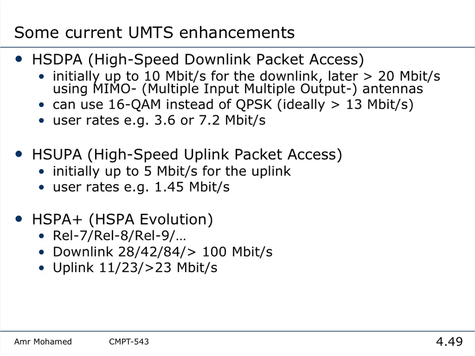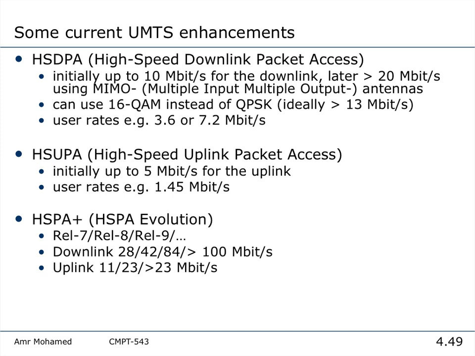From the name, downlink packet access, it tries to increase the data rates in the downlink. You will see the uplink is still the same, but the downlink has increased through the use of MIMO and 16 QAM. They were able to increase the downlink at least to rates of 3.6 and 7.2 megabits per second, but only in the downlink.